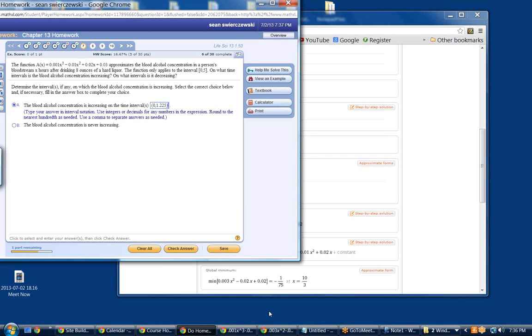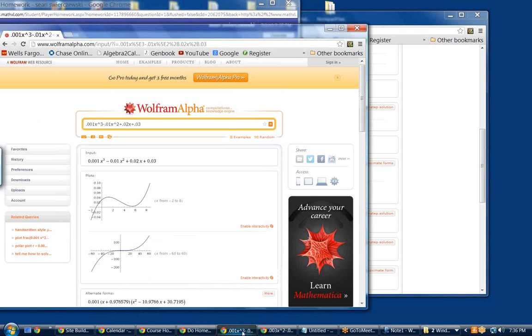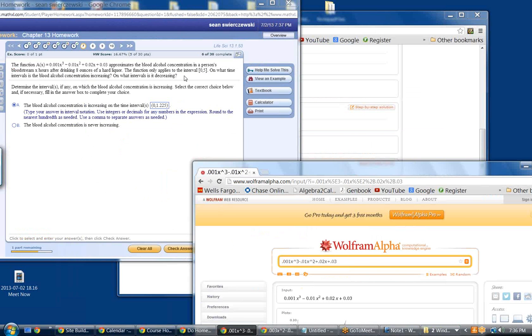And also, it's increasing from that point forward, but they specified that the function only applies from 0 to 5. So there's no other time that it's increasing.